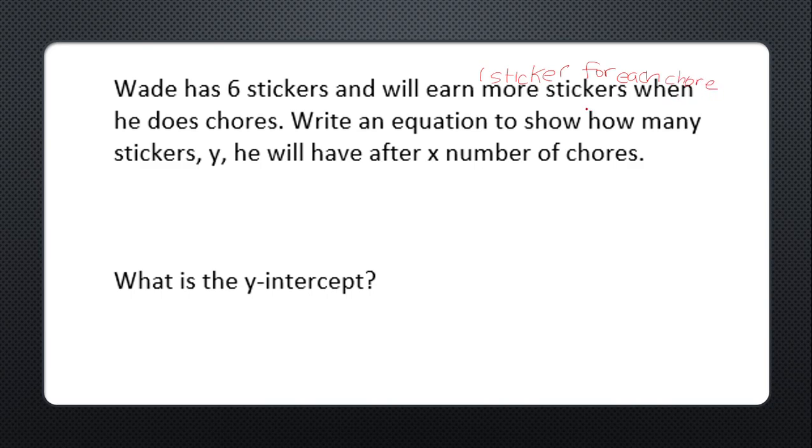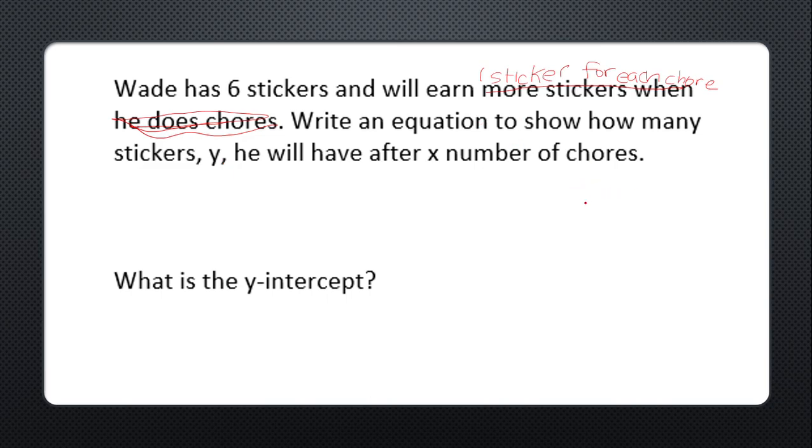All right. So you can cross this out, and that makes it a little bit easier. He will earn 1 sticker for each chore. Write an equation to show how many stickers y he will have after x number of chores.